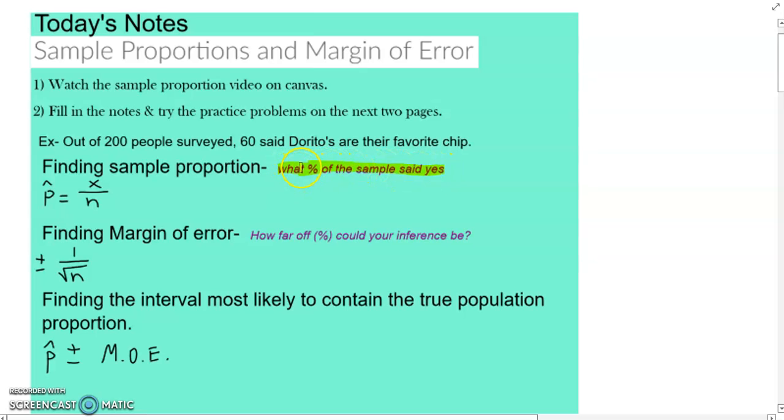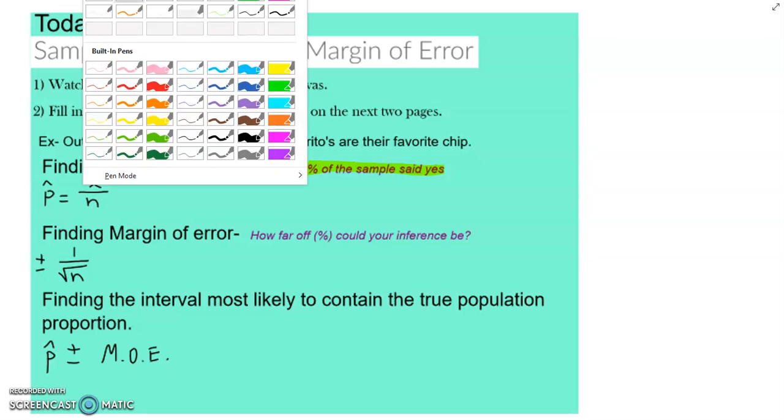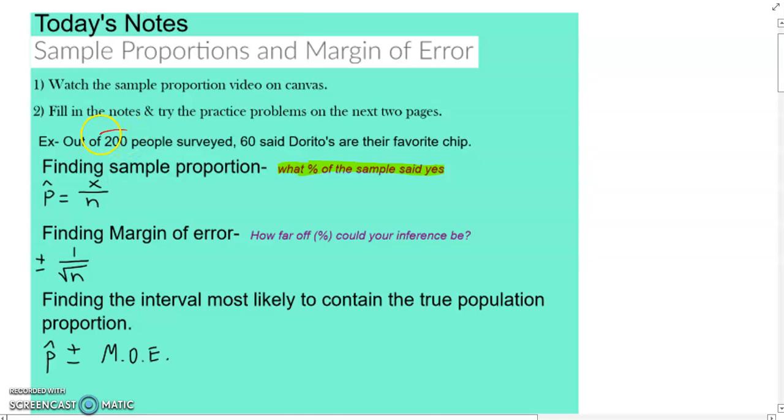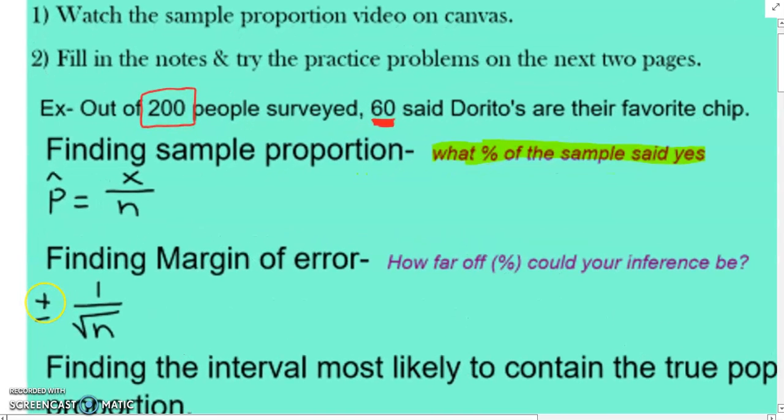So sample proportion is an idea that based on what you've already sampled, what percentage of the sample said yes, or maybe no if you're looking at a negative of people not wanting to do something. So in this example in our notes, it says out of 200 people surveyed, 60 of them said Doritos are their favorite chips. So when you want to find a sample proportion, this is a notation you'll sometimes come across, this P with a symbol above it like that.